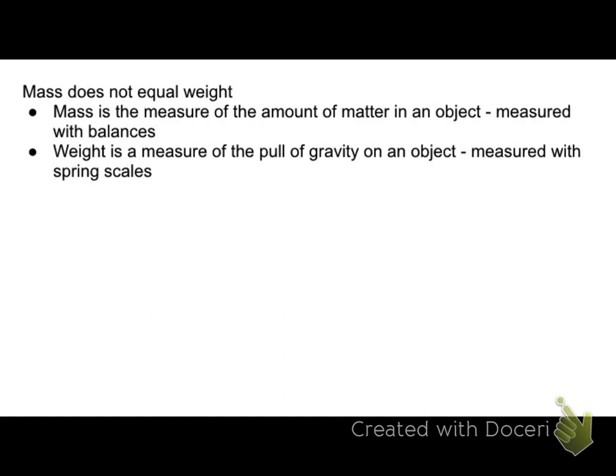But even though your mass is going to remain constant, because the force of gravity is different in different locations in our solar system, your weight can fluctuate and change based on the force of gravity. If for some reason we woke up tomorrow and the force of gravity on Earth had gone down tremendously, your weight would be significantly less, but your mass would have remained the same. So that's the difference between these two.